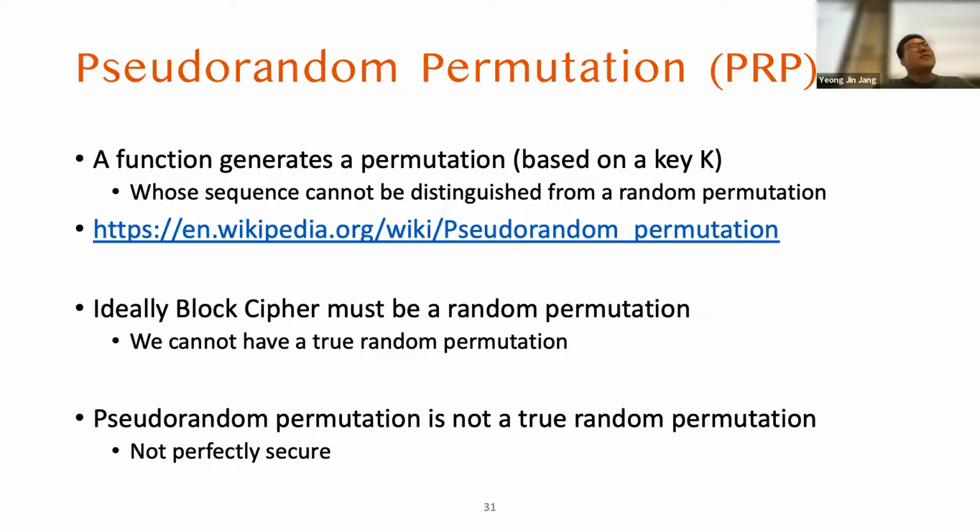We call the theoretical model for the block cipher a pseudo-random permutation. Think about it: whenever we encrypt something, it's just a permutation.